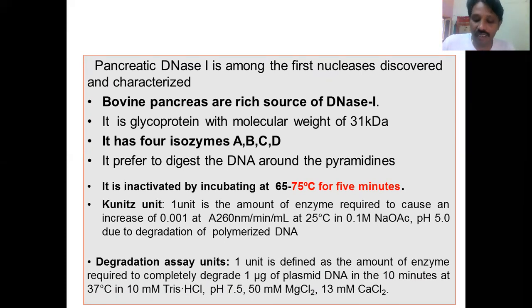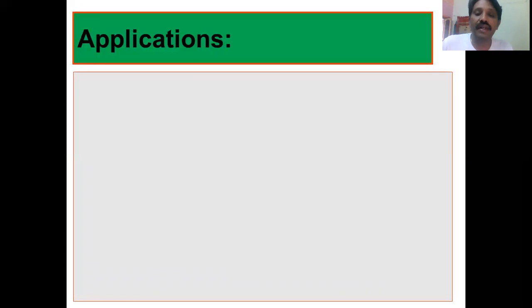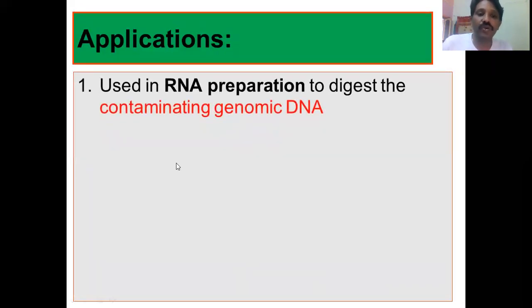Now we will see the applications of DNase in rDNA technology. The first one is used in RNA preparation to digest the contaminating genomic DNA. Whenever we are isolating RNA from different tissues or cells, DNA comes as a contamination.